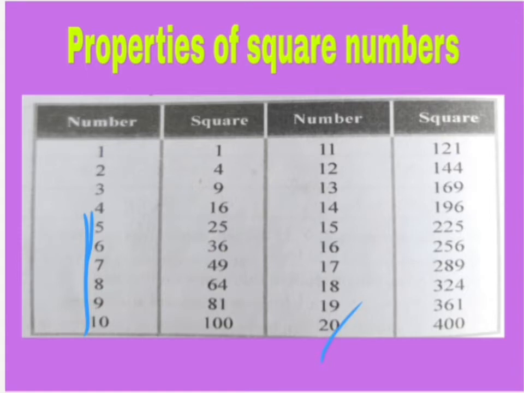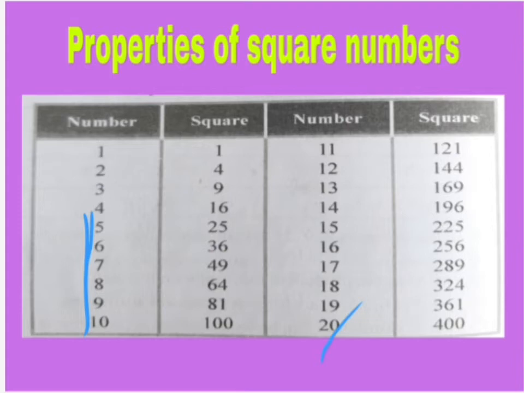We are squaring the numbers up to 20. So 1 square is 1, 2 square is 4, 3 square is 9, 4 square is 16. Like this we squared the numbers up to 20. 20 square is equal to 400.